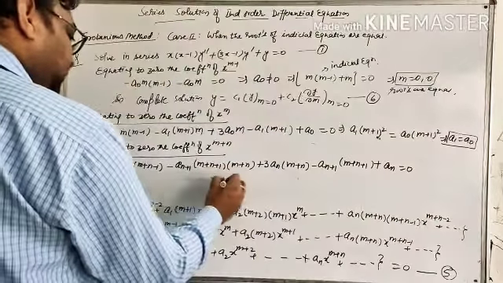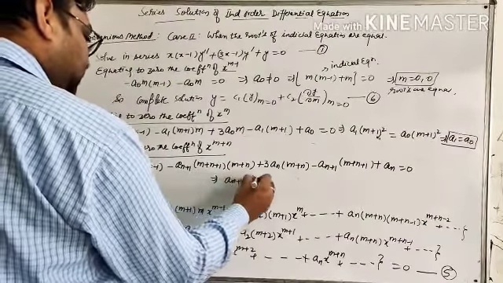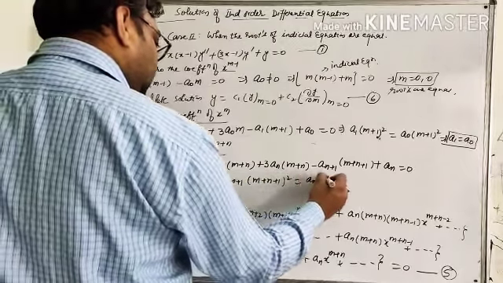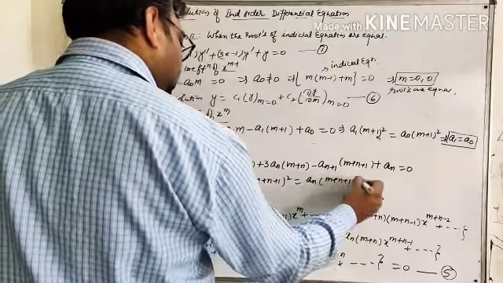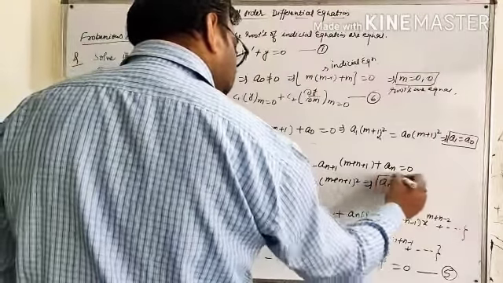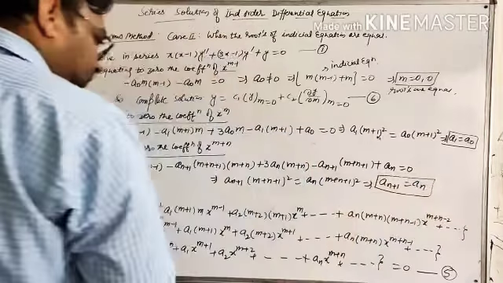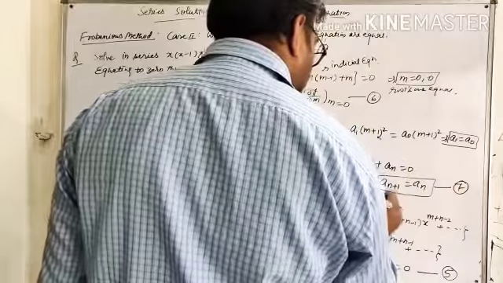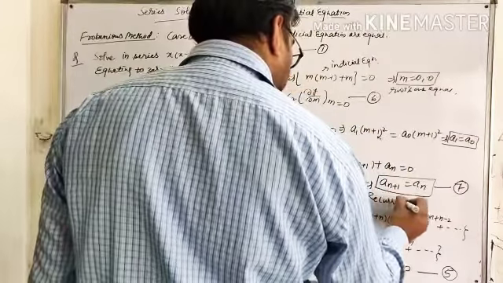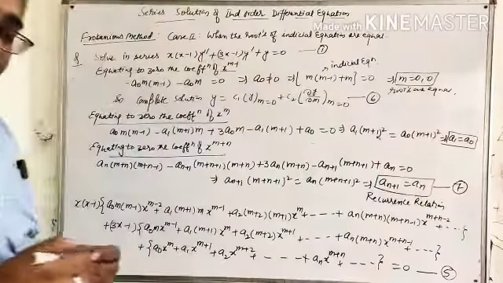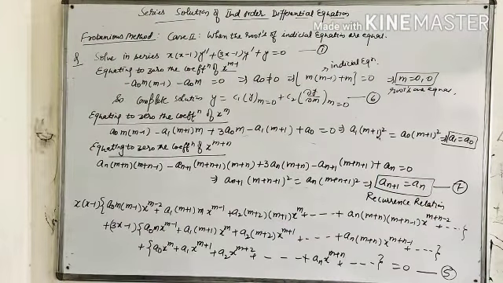So on solving, we get a n plus 1 m plus n plus 1 whole square is equal to a n m plus n plus 1 whole square, or a n plus 1 equals a n. So this is equation number 7, and this is known as the recurrence relation. From this we have to calculate a2, a3, a4 and so on.